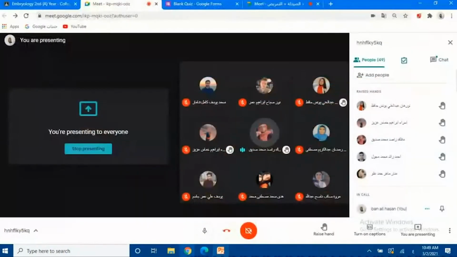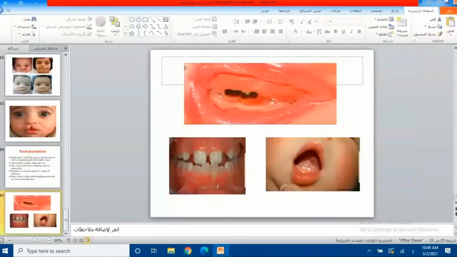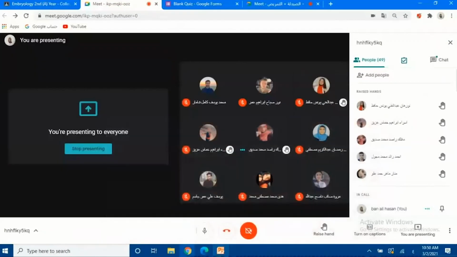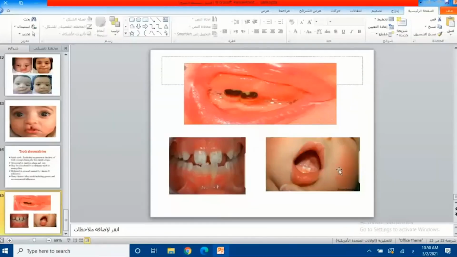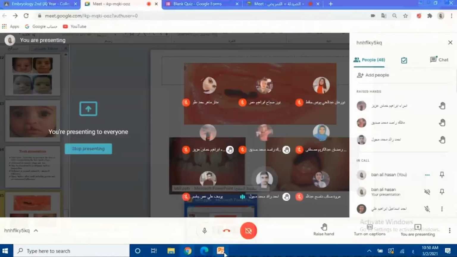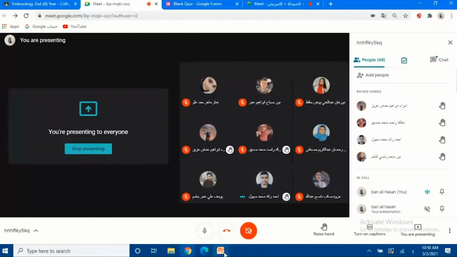Tooth abnormalities. Discolored teeth. Okay. Ahmed Raed, tell me about this case. What do we call it? Not tongue tie. Natal teeth. Thank you very much.